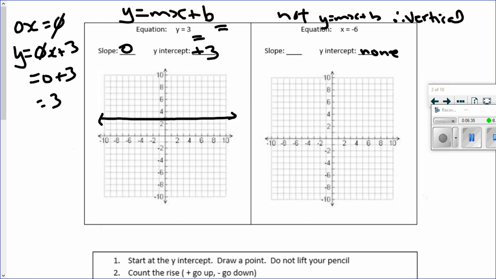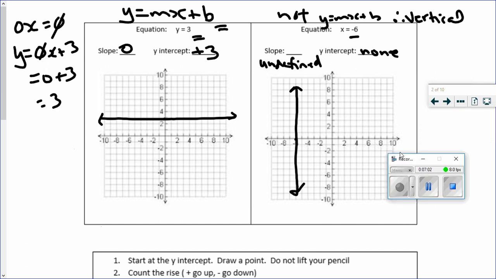It's that there is not a y-intercept. And my slope is undefined. So this also is an exception to the graphing, but it very much follows what we did for the y-intercept. We find our x-intercept of -6, and then draw a vertical line.